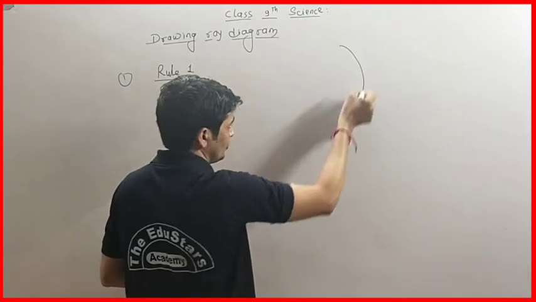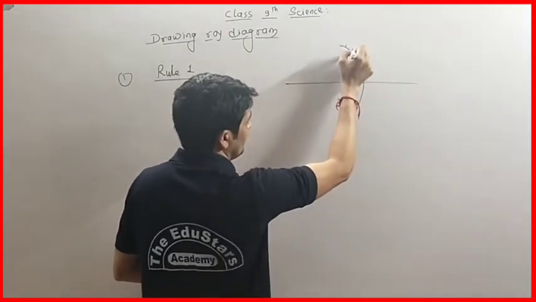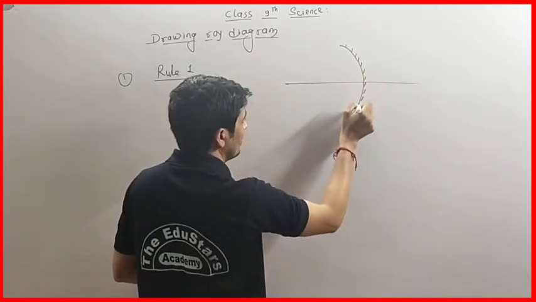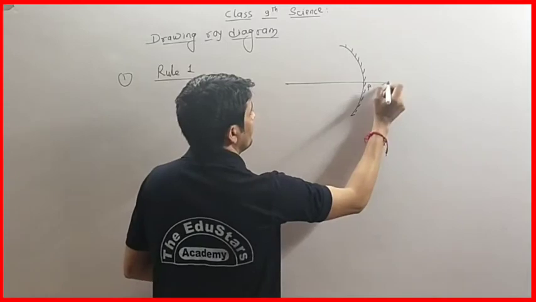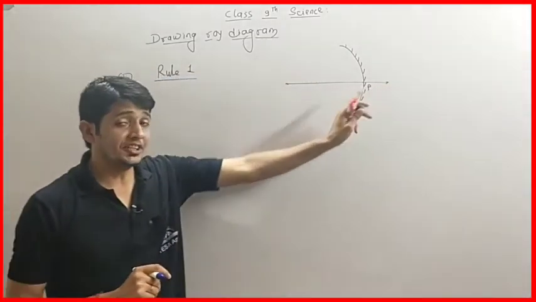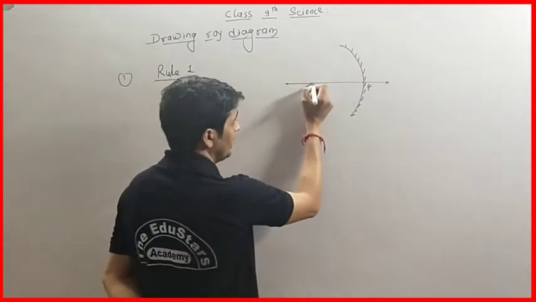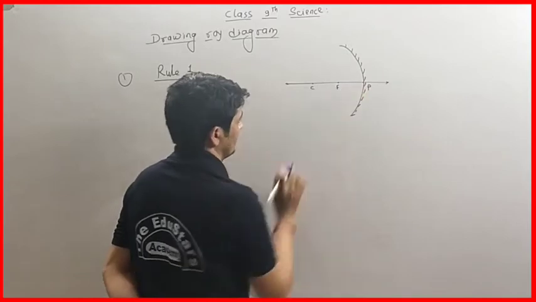This is the spherical mirror. This is the principal axis. This is the pole, this is the center of curvature, and this is the focus.